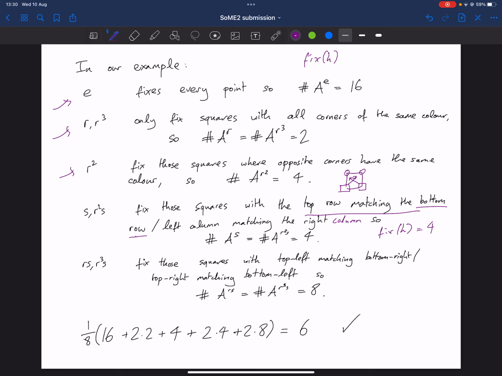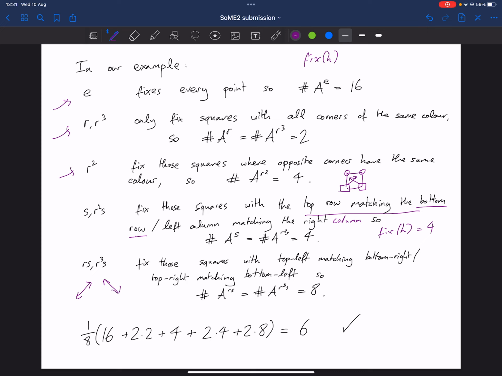when we have RS, these are reflections along diagonals.